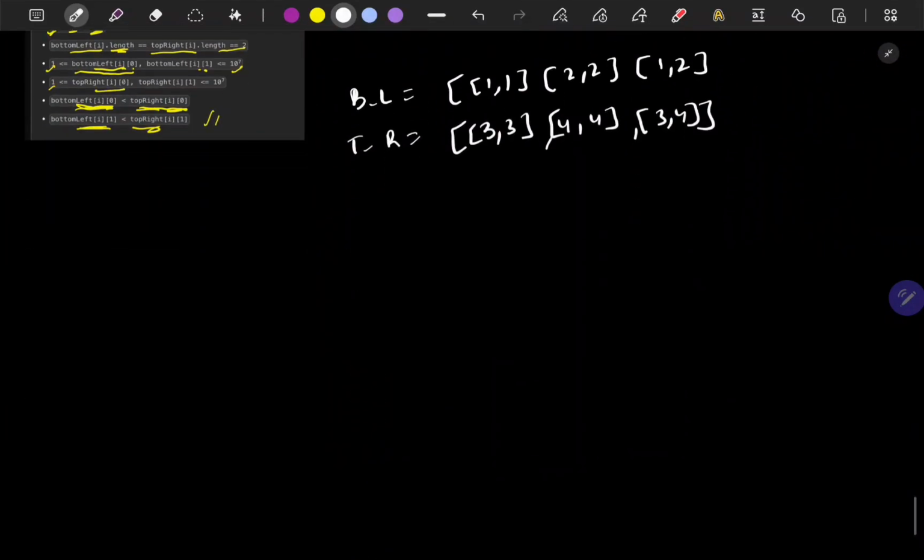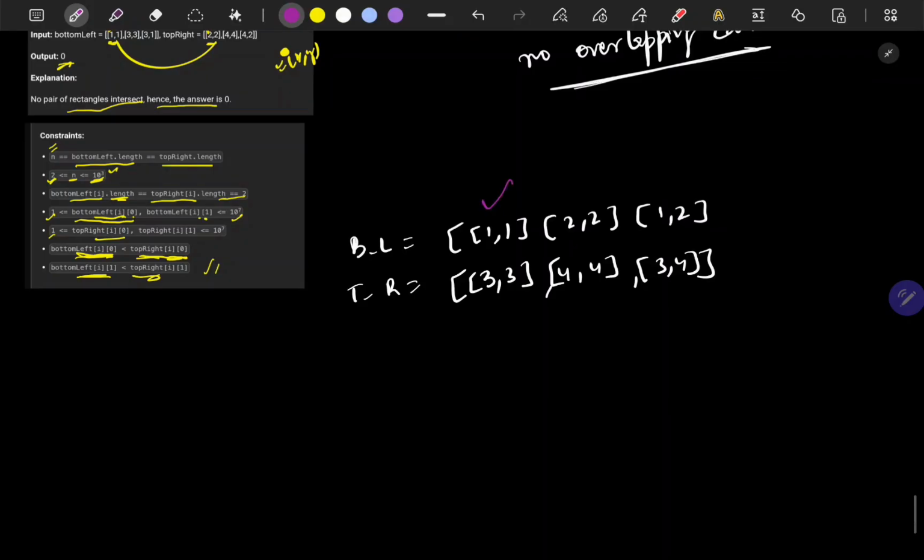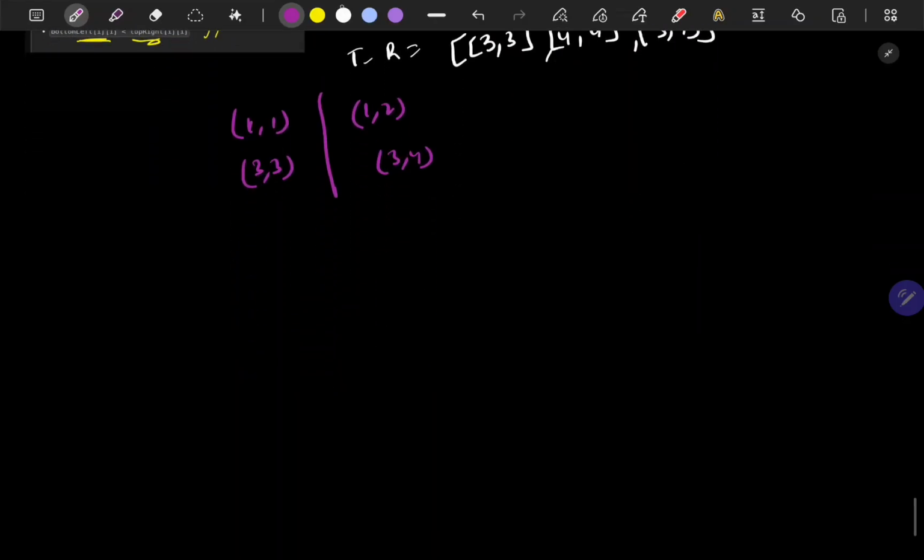So we can consider these two rectangles, (1,1)-(3,3) and (1,2)-(3,4), this pair of rectangles, to check how much they are overlapping. We know they are overlapping, right? We'll draw it once.